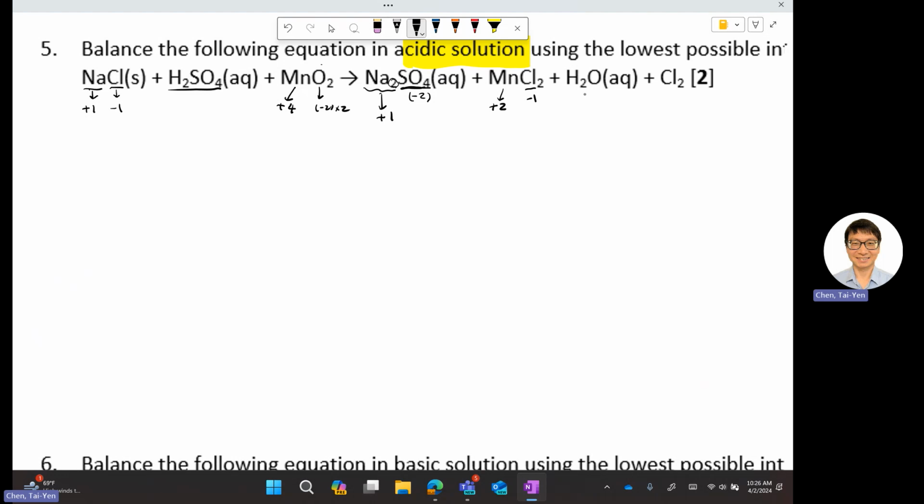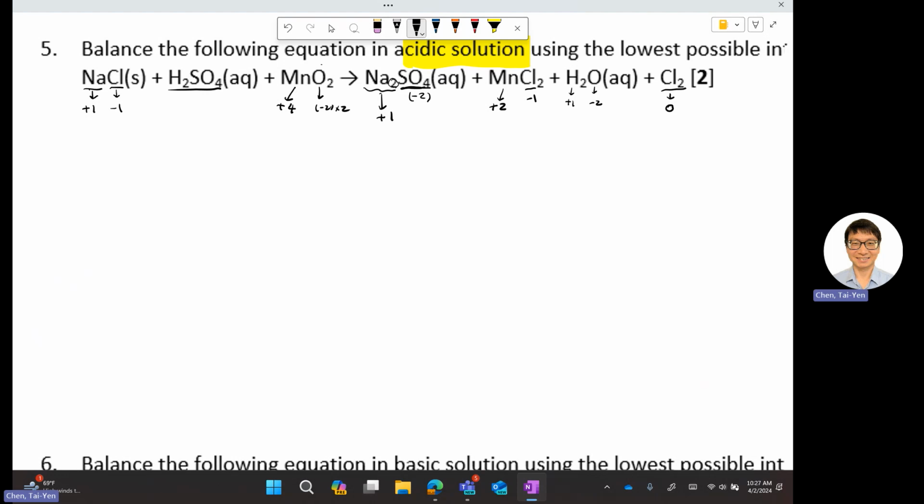Then H2O: H will be +1, O will be -2. Cl2 is a monoatomic species and neutral, therefore the oxidation number is going to be 0.